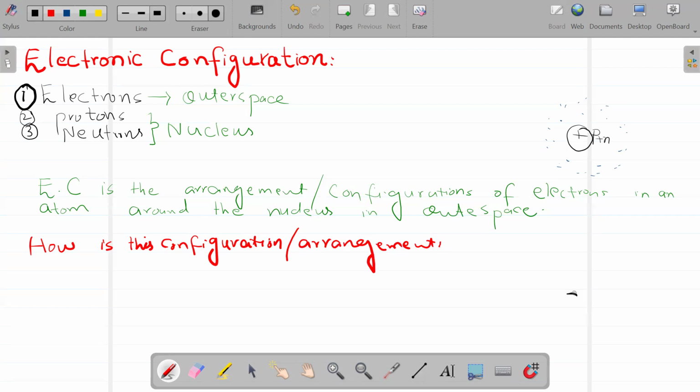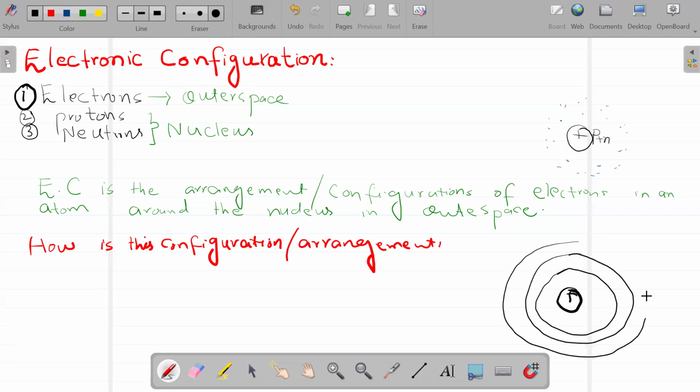Again consider this is a nucleus which has positive charge. Then the electrons are present around this nucleus in specific circular orbits. Just consider these are the circular orbits. The electrons are present in these circular orbits, which we name as shells.